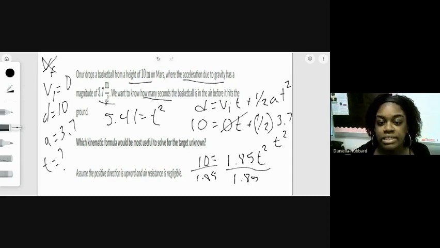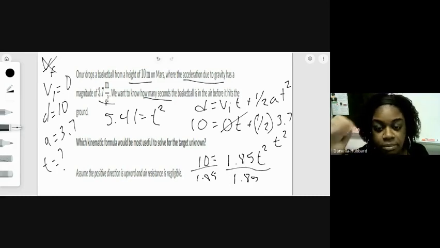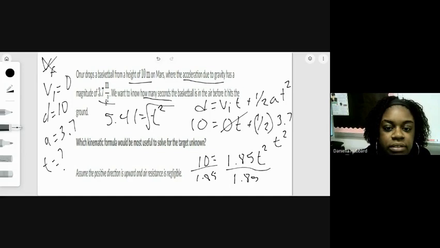We are not finished because we have T squared. So the opposite of squared is taking the square root. So you're going to take the square root of 5.41.